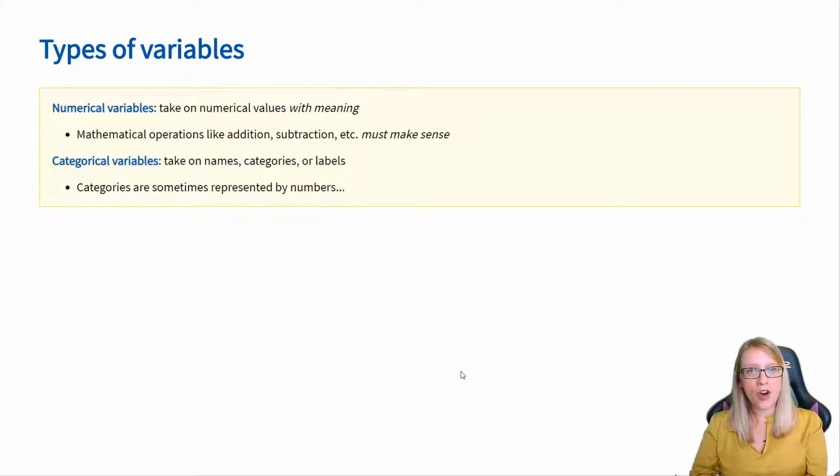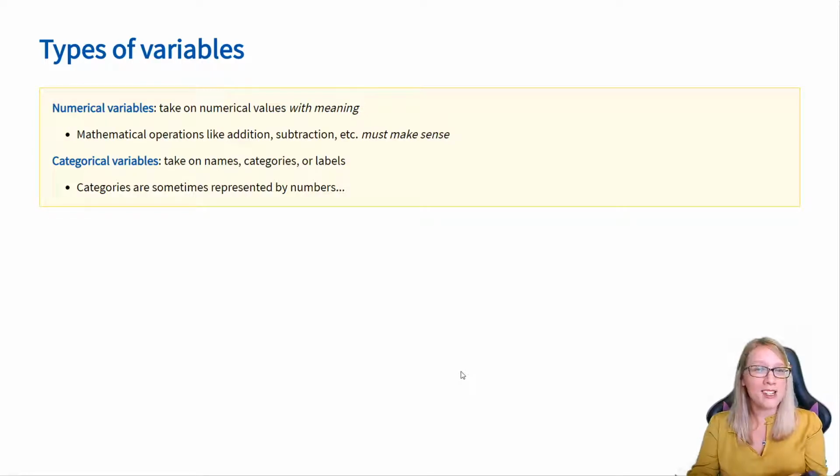Variables typically fall under the numerical category or the categorical category. Numerical variables have numerical values with meaning. So the numbers have to mean something relative to one another. A classic example of a variable that has numbers but no meaning are zip codes.